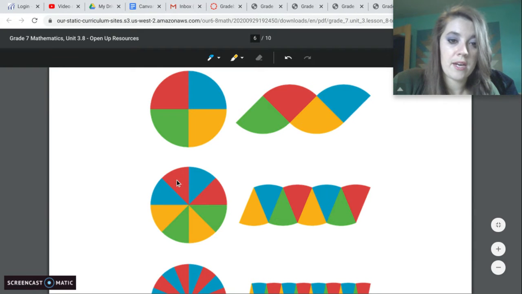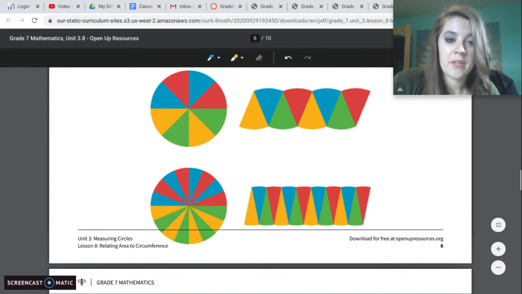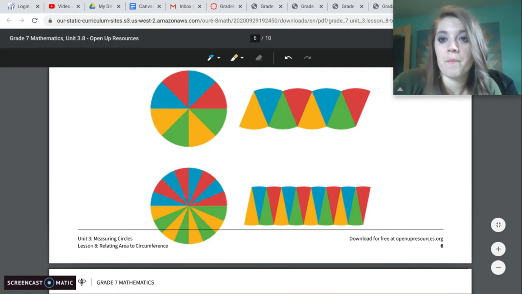But here we divided it into eighths, and it gets closer to being a parallelogram. And then here we divided it into even more. So we've got 16 parts. And so we put those together. We're really close to having what appears to be a parallelogram.